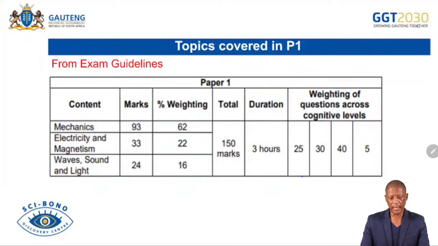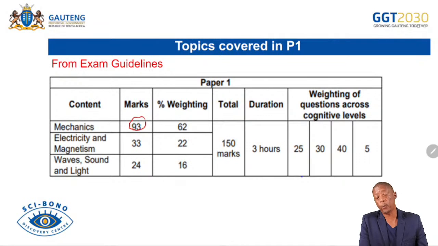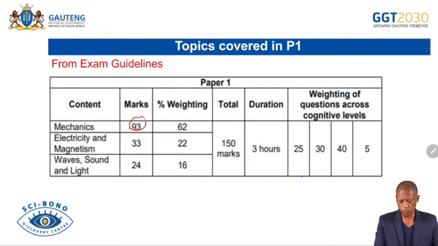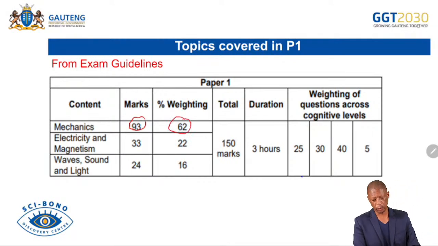In mechanics, mechanics has 93 marks of the paper. It tells us that mechanics contributes the most marks in the final year question paper, and the percentage thereof is 62%.